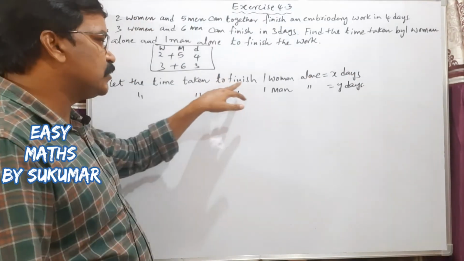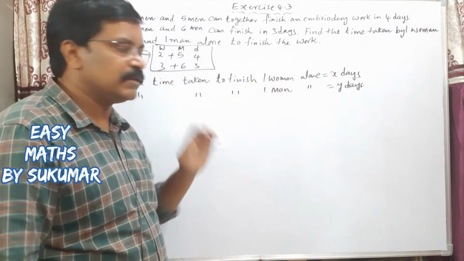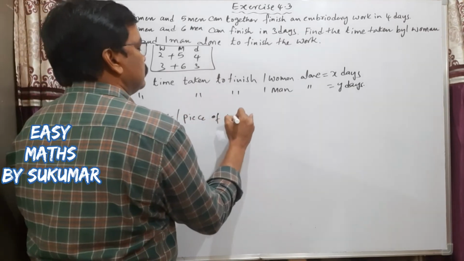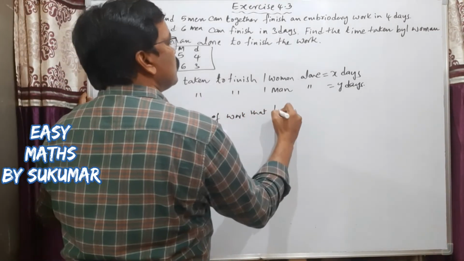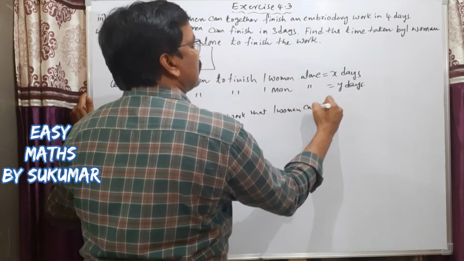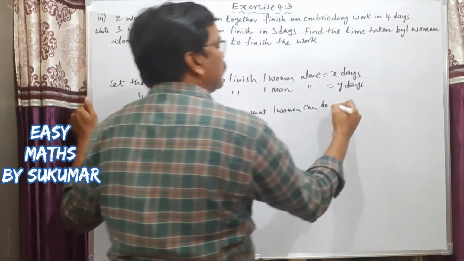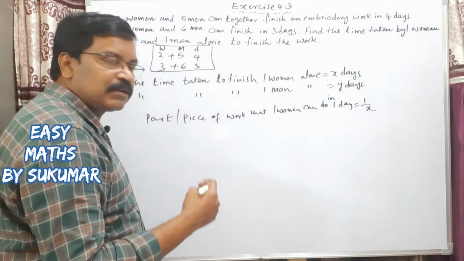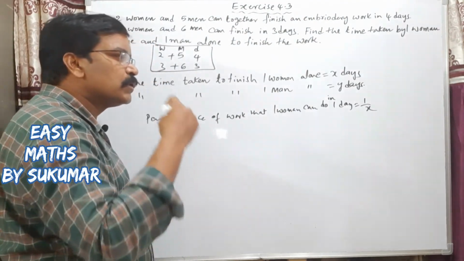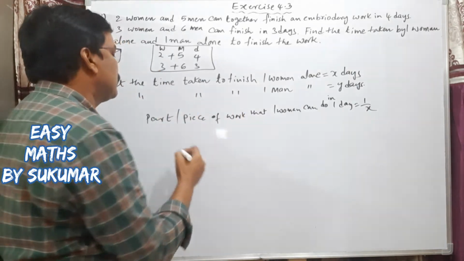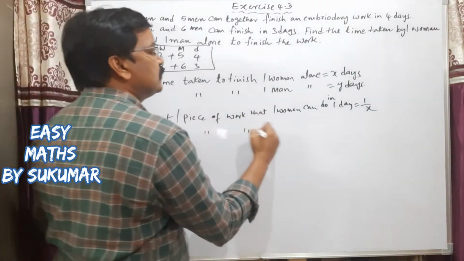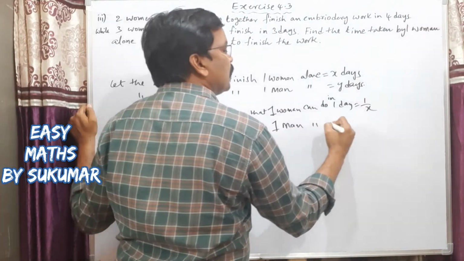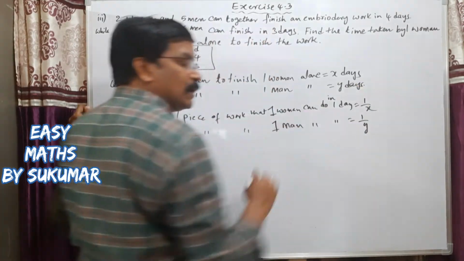Okay. To finish 1 woman alone in X days, that means the part of work or piece of work that one woman can do in 1 day is equal to 1 by X. Similarly, the piece of work that one man can do in 1 day is equal to 1 by Y. Okay, understand?